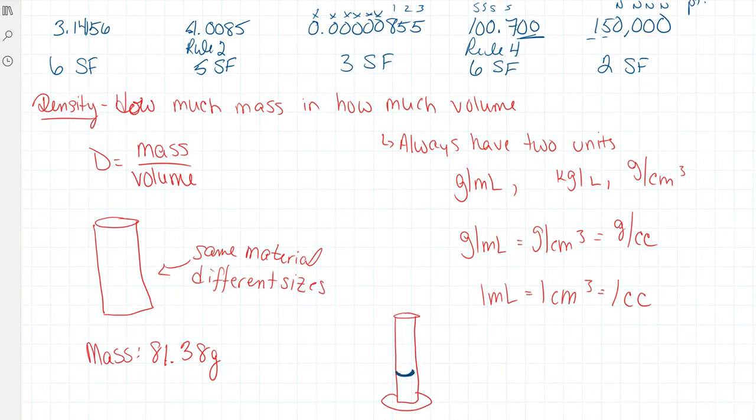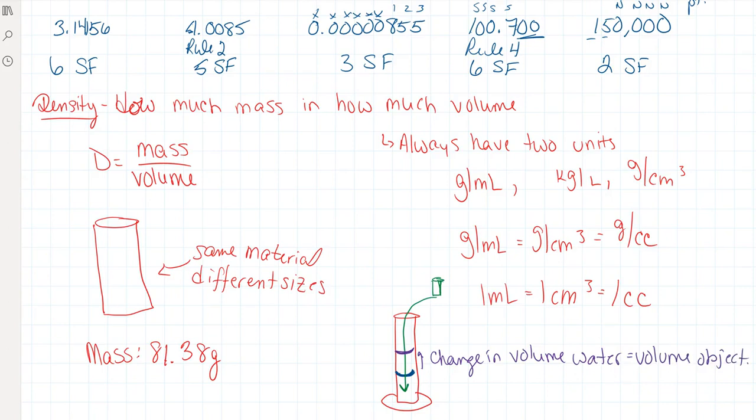I take my object, my rod, drop it in, and the water level should go up. And the change in volume of the water is the same as the volume of the object.